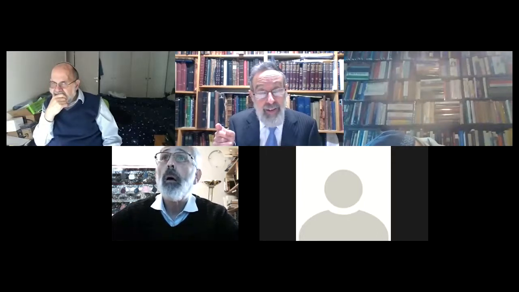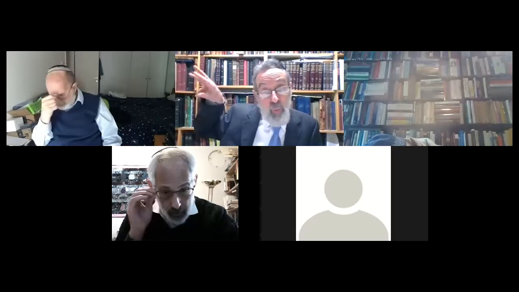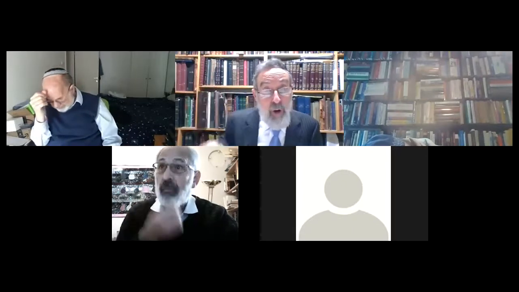So Rabbeinu Meshulam says that those who pass by, they see this stone and they assume that there's a corpse below the stone. I don't know exactly why, maybe because they recognize that this stone was used as a marker.